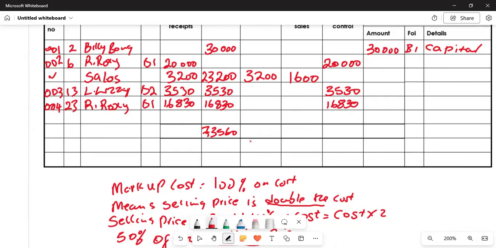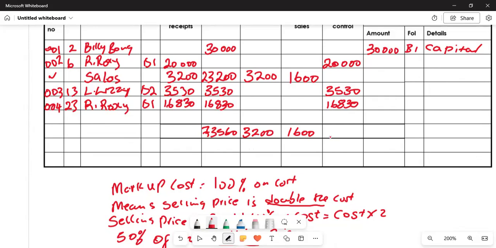But under sales, we are going to have 3,200. Under our sales, we are going to have 3,200. Our cash sales is 3,200. Cost of sales, we have what? 1,600 as it is.